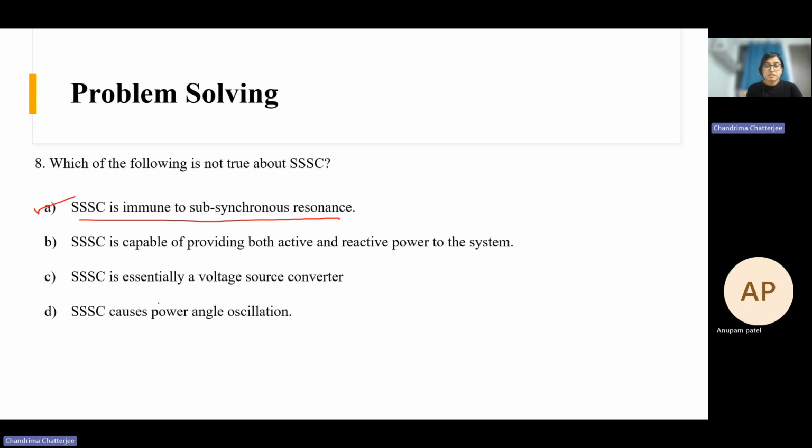SSSC is essentially a voltage source converter. SSSC causes power angle oscillation. So this is not true. SSSC does not cause power angle oscillation; it damps power angle oscillation. These three, A, B, and C, are true.